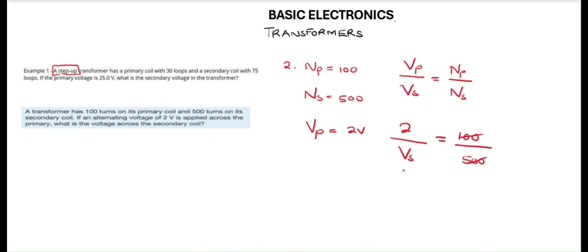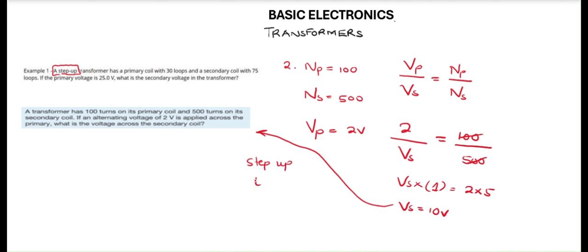So we are going to get 2 over VS equals 1 over 5, and so the voltage in the secondary is going to be 10 volts. So with this, we can infer that the transformer they were talking about is a step up transformer.